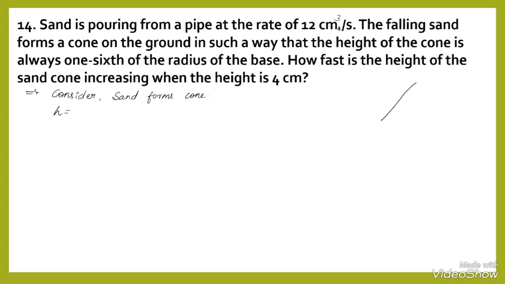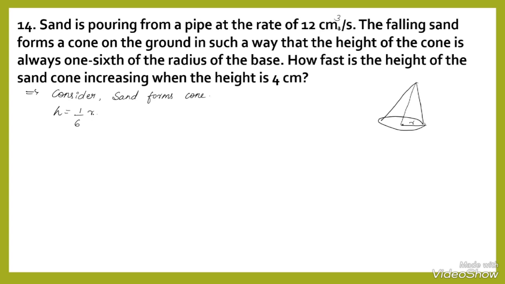Here we know the cone shape. This is the radius and this is the height from the base. Now the height will be one-sixth of the radius. That is 1/6 of radius.